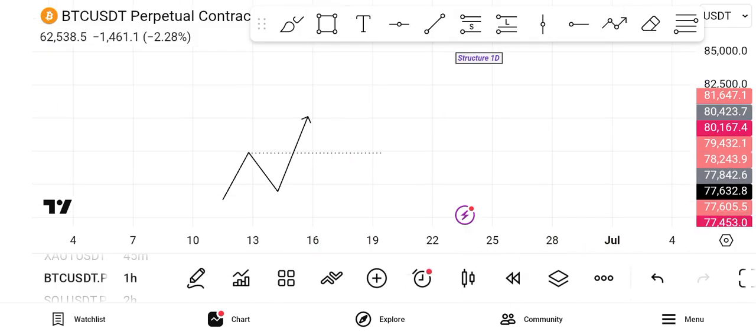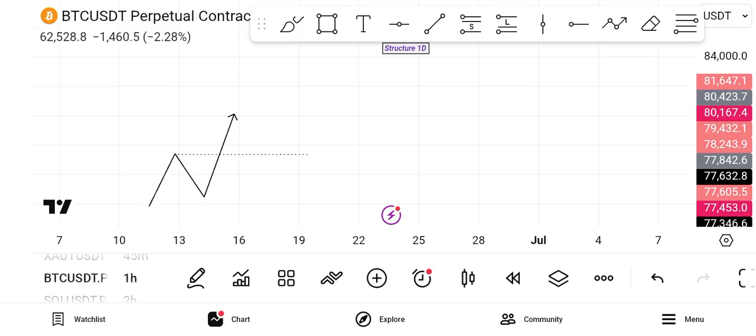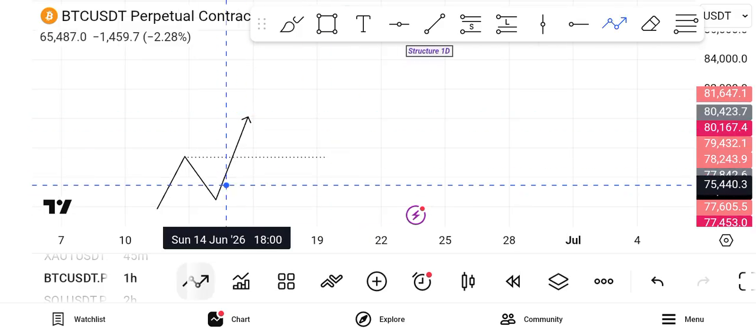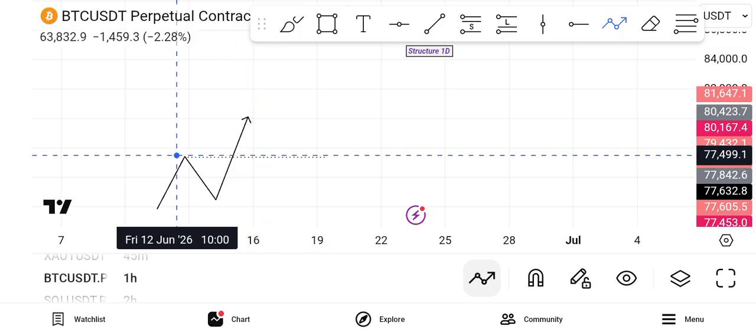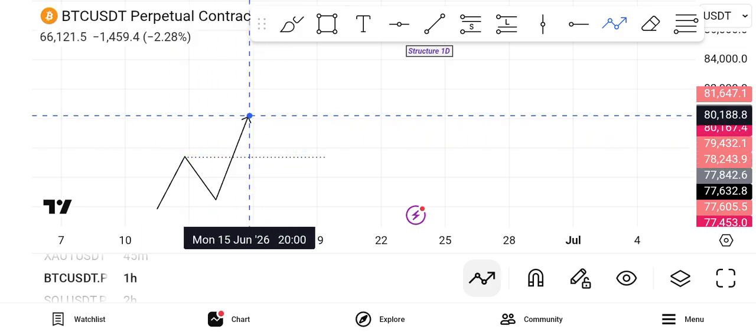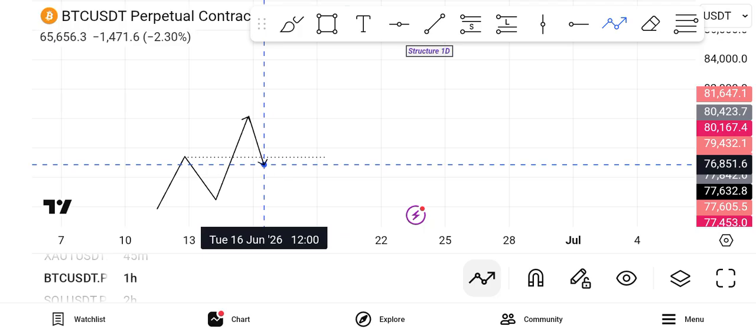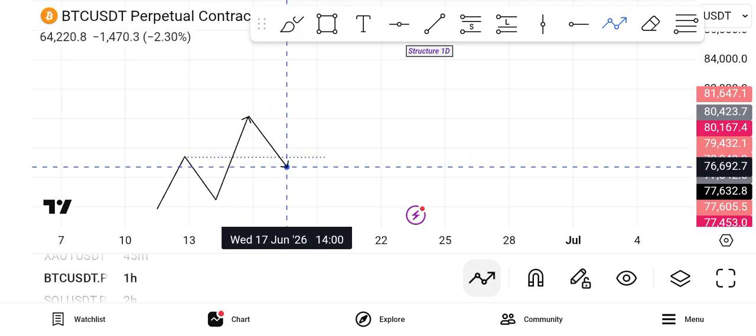Back to this illustration. When we have an expansion to the upside this way, we don't just mark out this point and say, okay, once the market retraces all the way back to this level, we're going to take our trade.